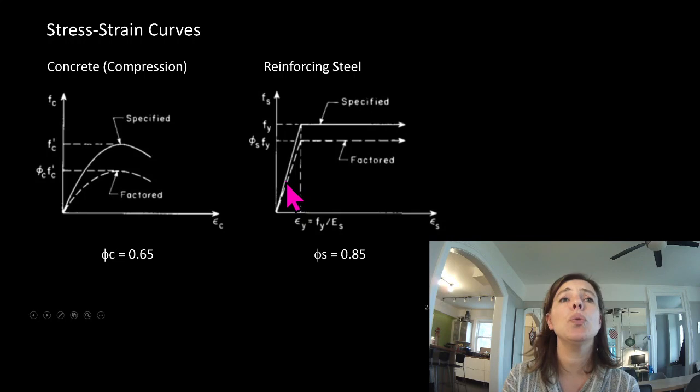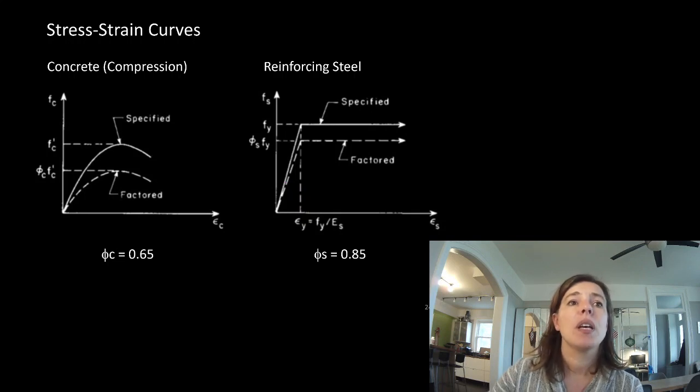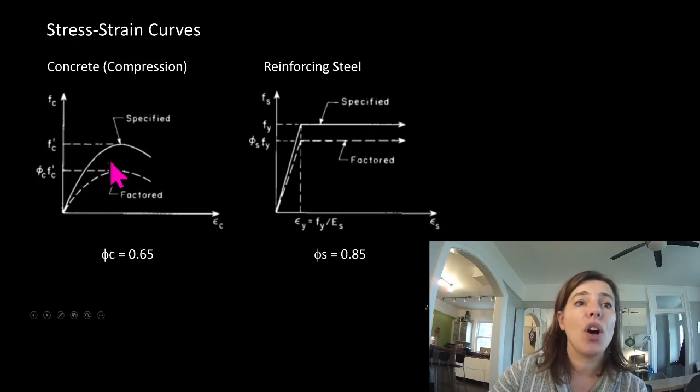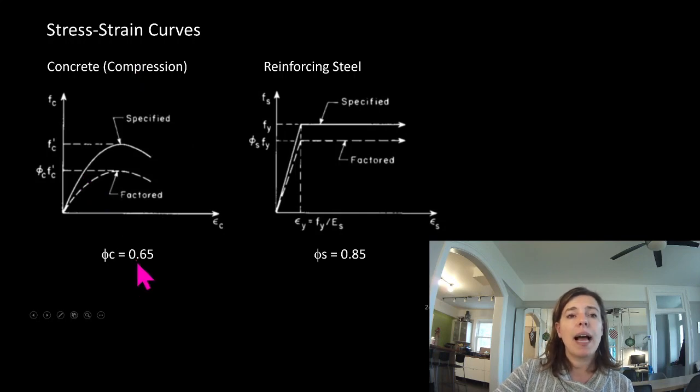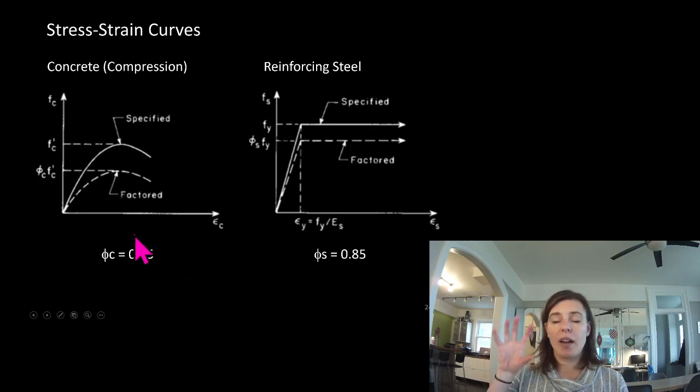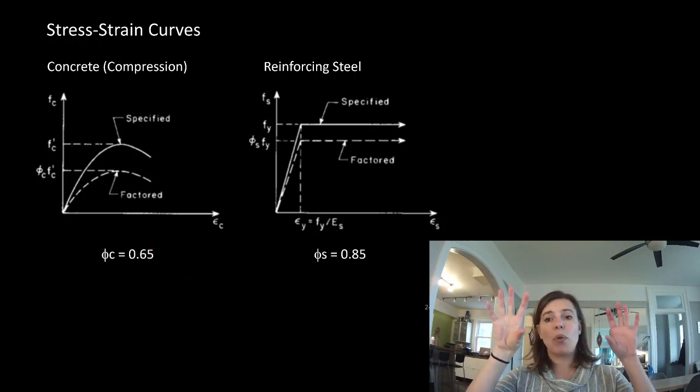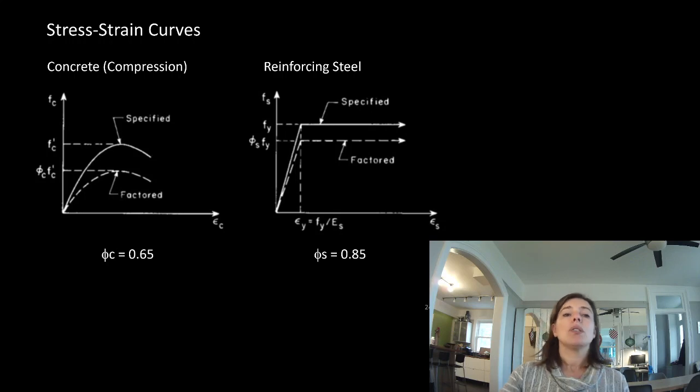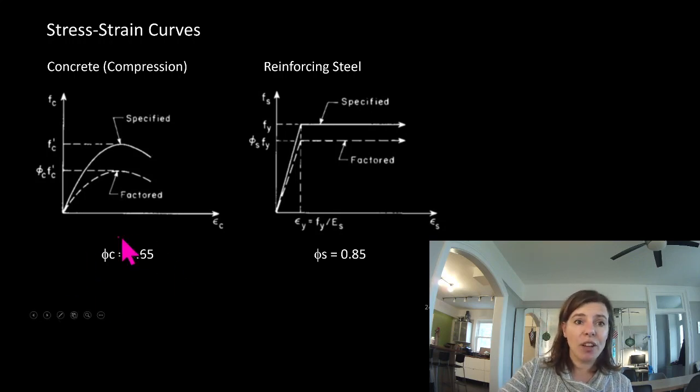So let's look at two stress strain curves. So here is the concrete by itself. It's got 0.65 as a reduction factor, or remember, we need our reduced capacity to be greater than our factored load. So our reduction factor on concrete is 0.65.